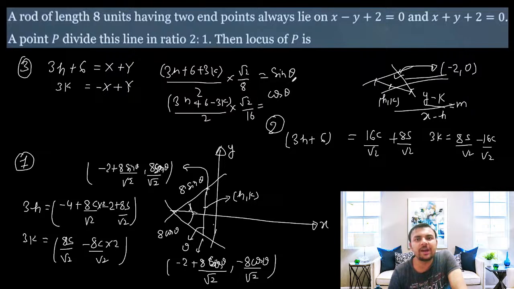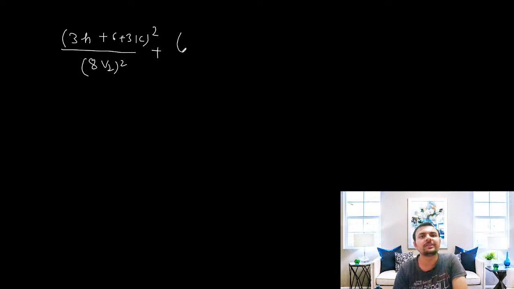We'll square and add and we'll get the answer. If we square and add, what will happen, sir? 3h plus 6 plus 3k, it is 8 root 2 whole square, plus 3h plus 6 minus 3k whole square over 8 root 2 whole square equal to 1.